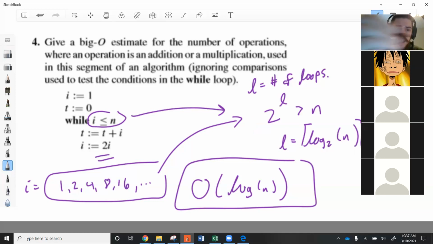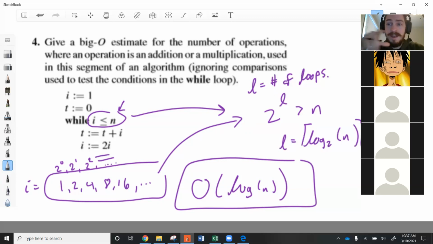This is 2 to the 0, this is 2 to the 1, this is 2 to the 2, and so on. So actually, if L is the number of loops that happen, at the end of L loops, the value is going to be 2 to the power L. And that's what the while loop checks, the new value after that loop. It terminates after the power of 2 exceeds n.